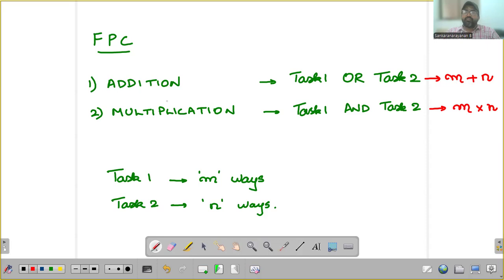So please be aware, when the logic you are dealing with is or, it's all about addition. If the logic is and, it's all about multiplication. So with this quick note, we will start with our questions.